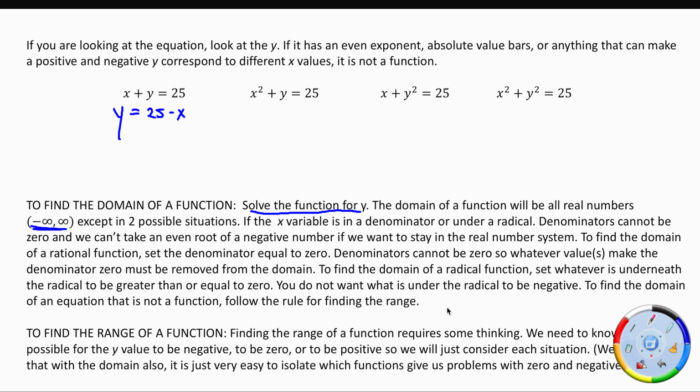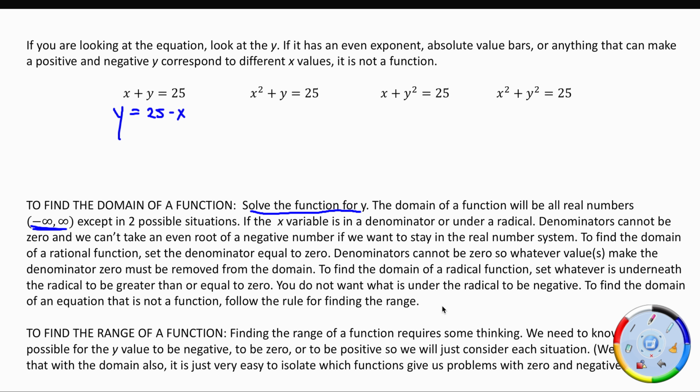So to find the domain of a rational function, set the denominator equal to 0. Denominators cannot be 0. So whatever value or values make the denominator 0 must be removed from the domain. You cannot let x be a value that would make a denominator 0 when you plug in for it.